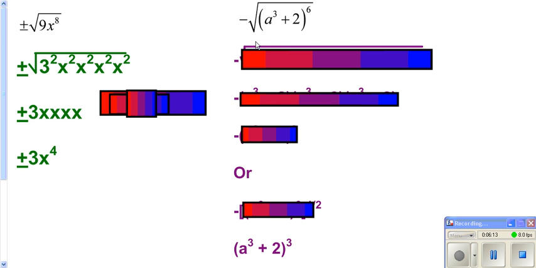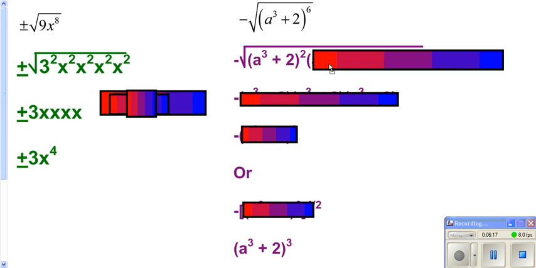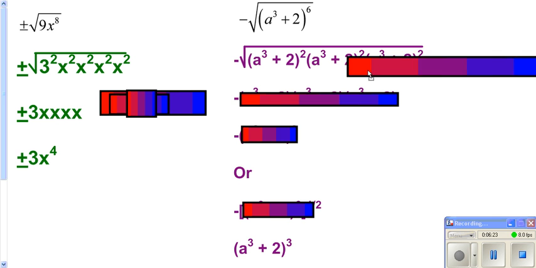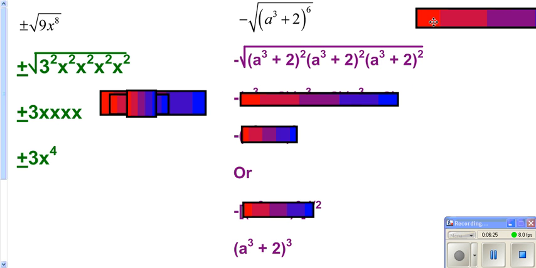Here, square root, so you could rewrite the inside as something squared. So your first parenthesis squared, well, we need to get up to 6. We only got it up to 2. So you got to add another one of those, and then really a third one, because you got to take this exponent plus this exponent plus this exponent to get this up here.